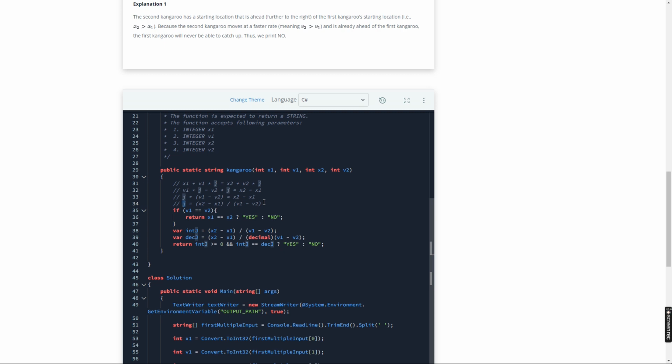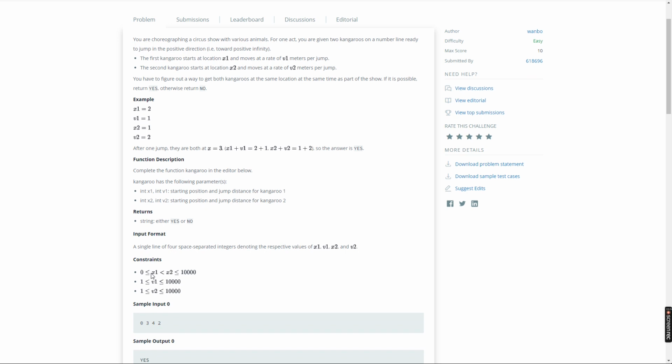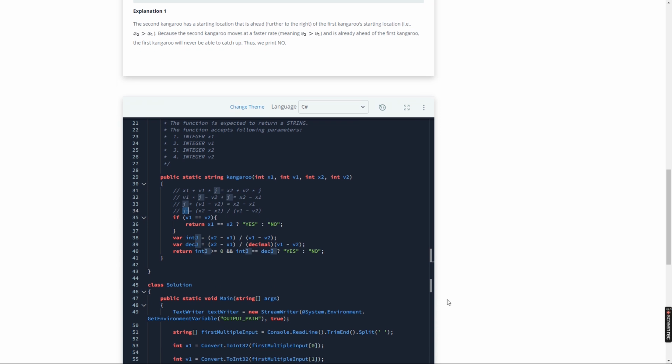They cannot jump back. So that means that j should be positive, or at least 0. Actually, by the condition, it cannot be 0 because x2 is greater than x1. But I think it shouldn't hurt if we check that.